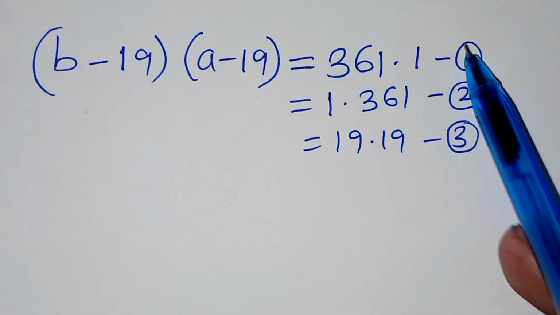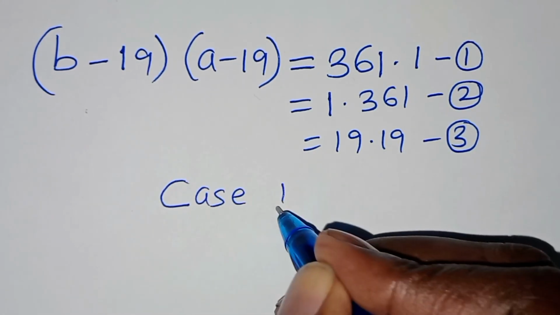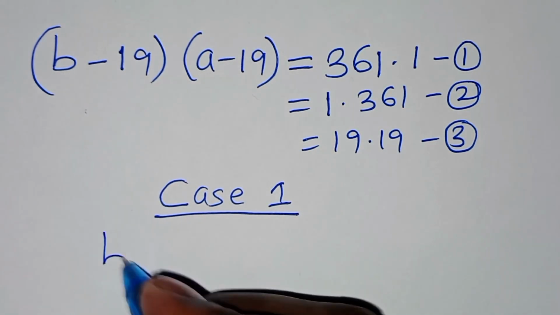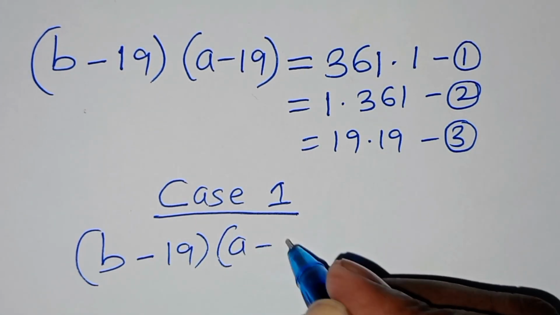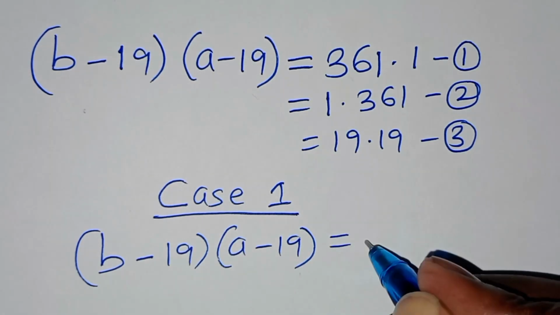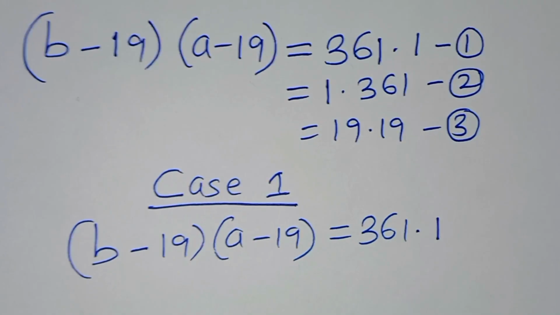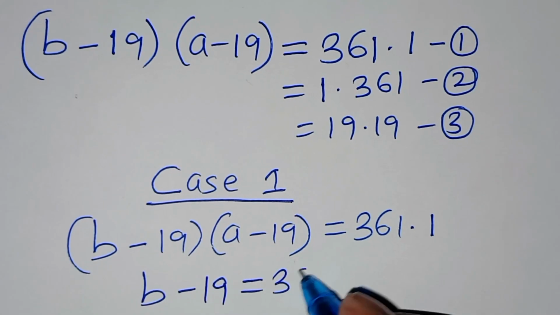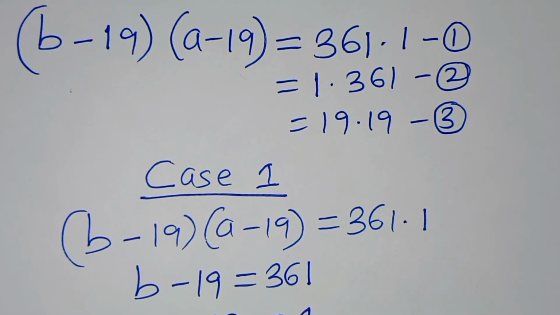Now, let's solve these 3 cases, starting with case 1. From case 1 here, we have b minus 19 times a minus 19 equal to 361 multiplied by 1. In this case, b minus 19 equals 361 and a minus 19 equals 1.